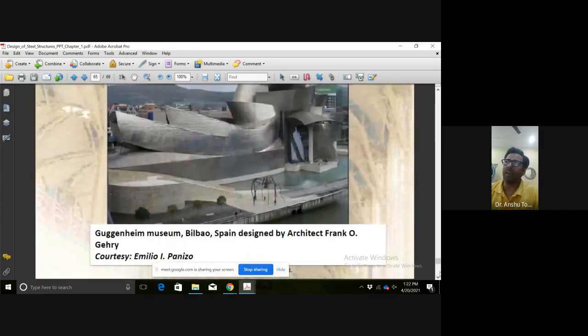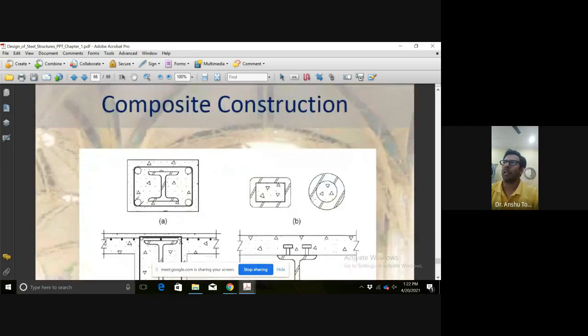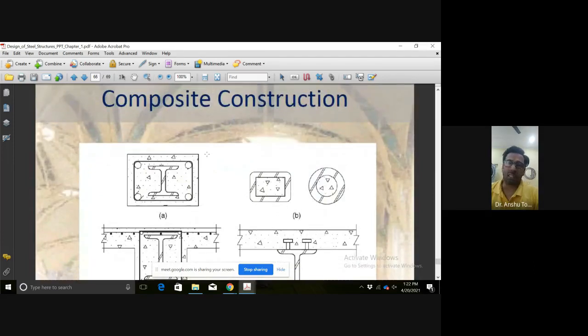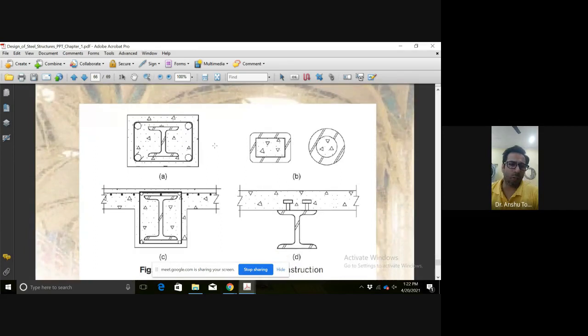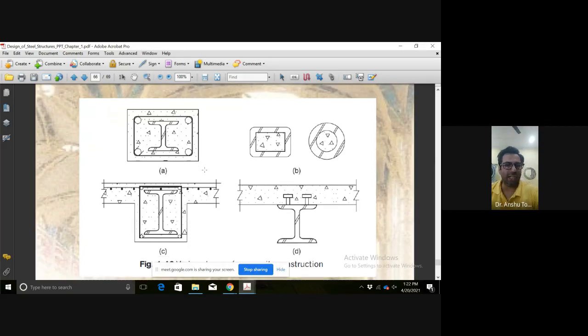Aesthetics we always have good from structure, but that is then composite construction, which is very, very important. What happened in World Trade Center in 2001? It had a composite type of construction. The steel sections failed, whereas the concrete was somehow able to resist the fire-induced temperature rise.